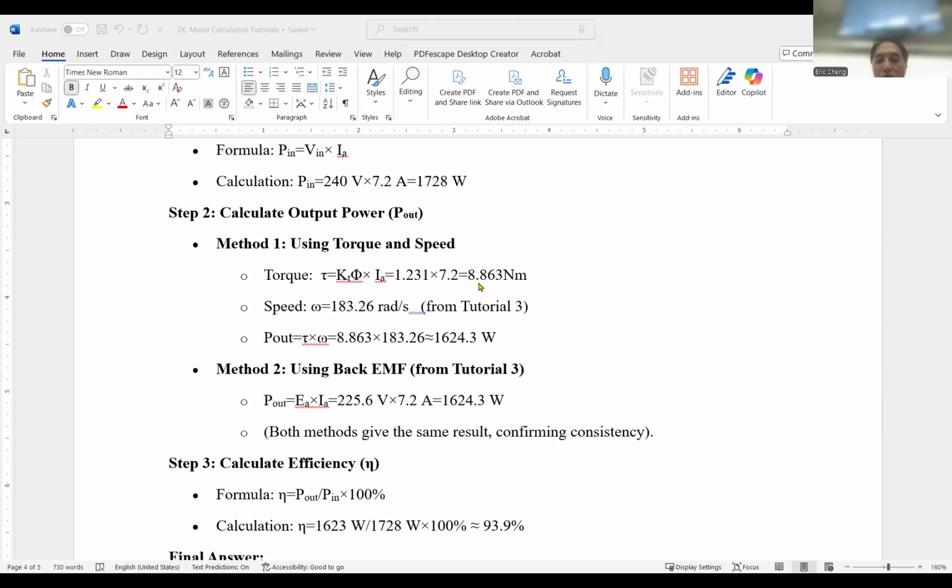So the current ripple here will basically come from the ripple equation. The ripple equation, we did that in the past, the delta I. If you do remember that, I can show you the formulation again.